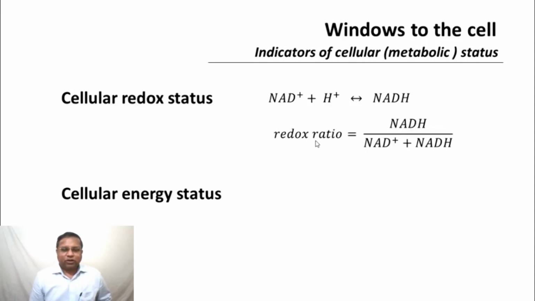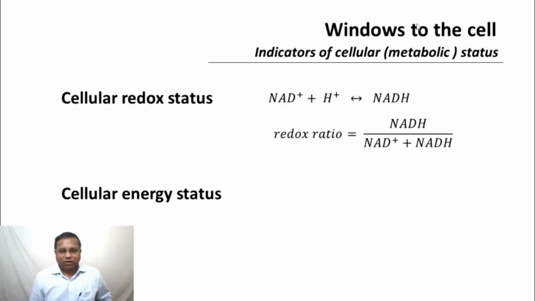So the redox ratio, one of the ways of looking at it at least, is the ratio of NADH concentration to the total concentration of NAD plus and NADH. We have already seen that NADH fluorescence can be used to monitor the cell concentration, because the intensity of NADH fluorescence can be directly linked to cell concentration.